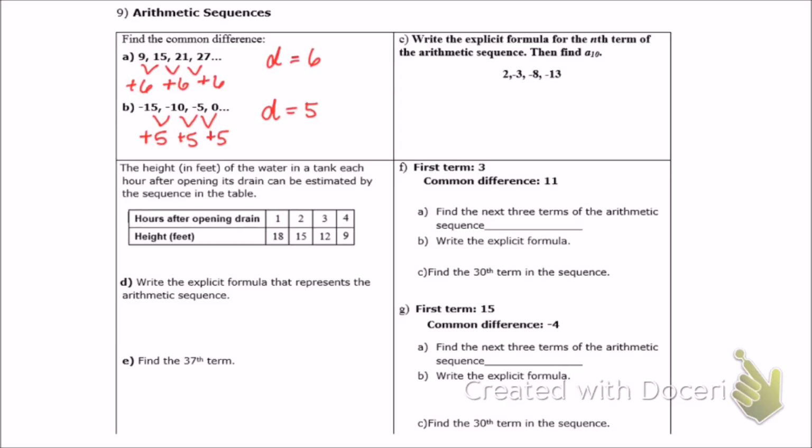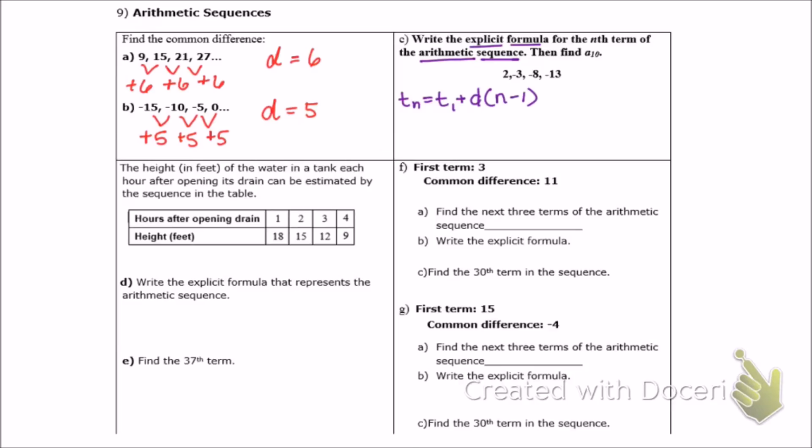Okay, on the next one, it says write the explicit formula for the nth term of the arithmetic sequence, then find a sub 10. So we first need to know what our explicit formula is. Our explicit formula is t sub n equals t sub 1 plus d times n minus 1.